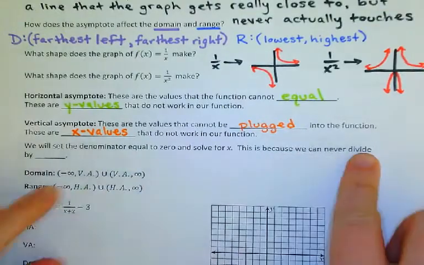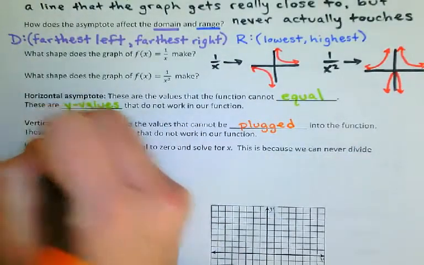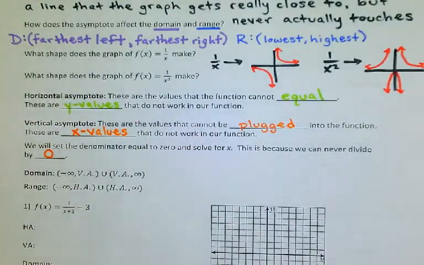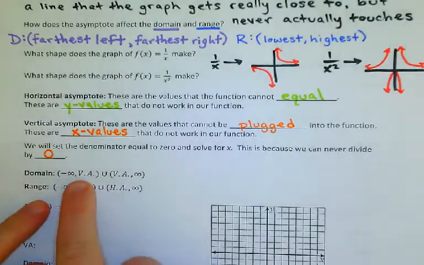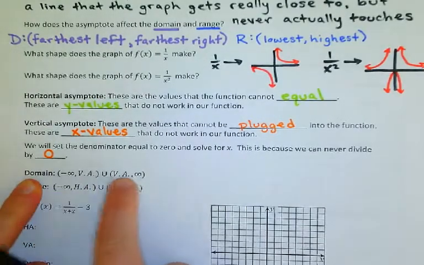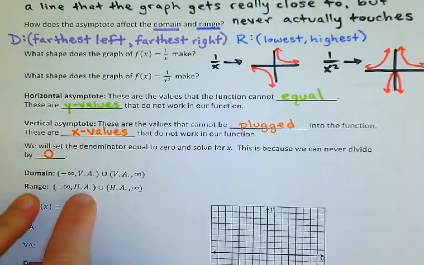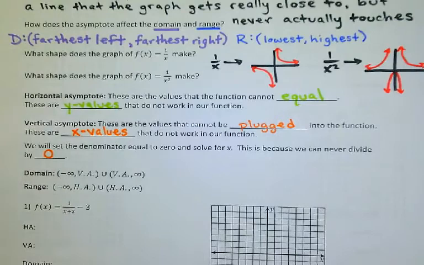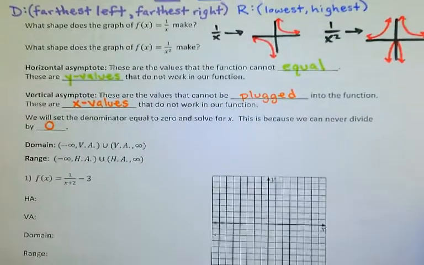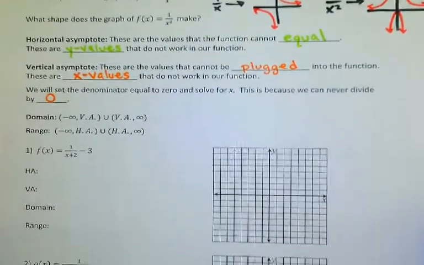We can never divide by 0. Again, this is just a reminder of what your vertical asymptote does to your domain and what your horizontal asymptote does to your range.